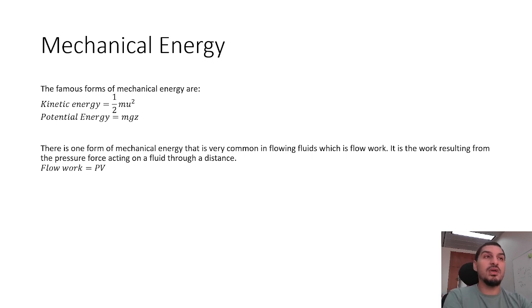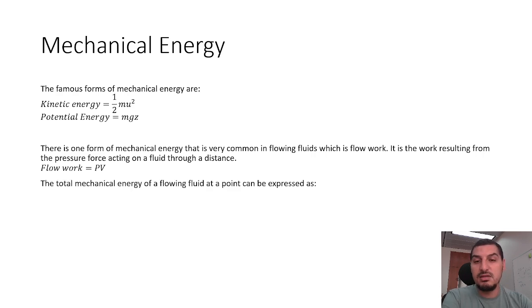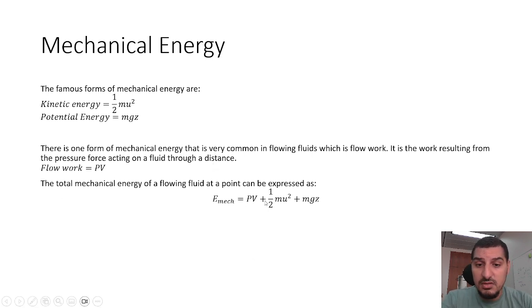So if we have a fluid at any particular point, and we want to get the total energy of the fluid at this point, then the total energy can be expressed as the sum of these three forms. So it's PV plus half m u squared plus mgz. It's the sum of the flow work, the kinetic energy, and the potential energy.